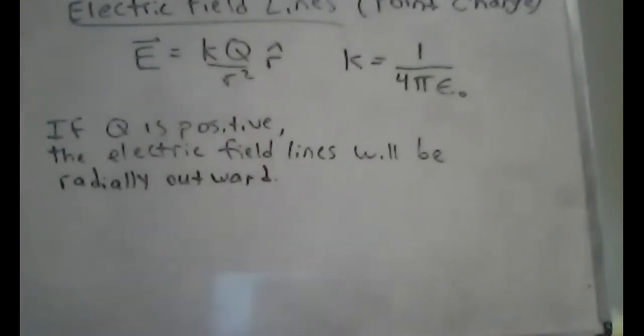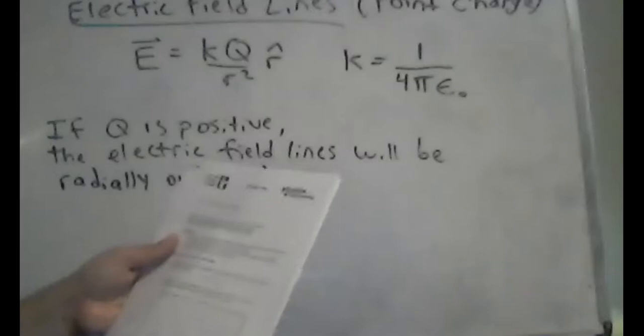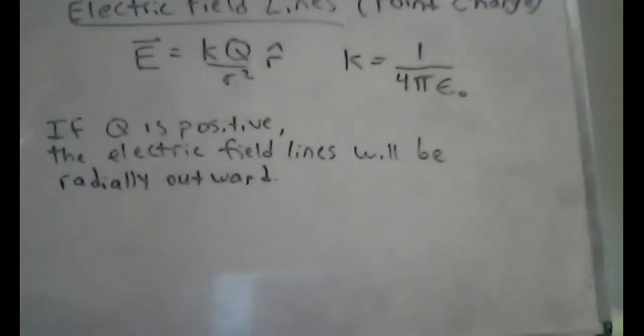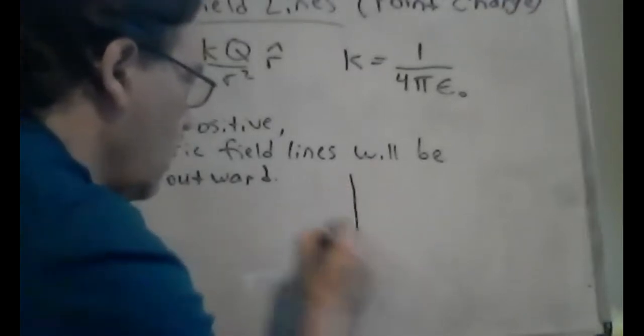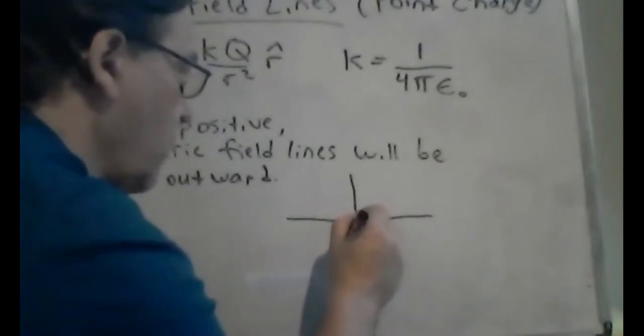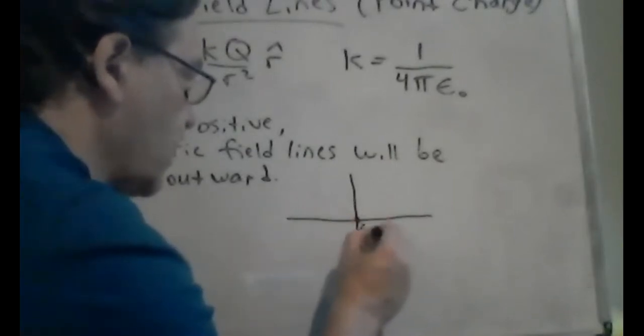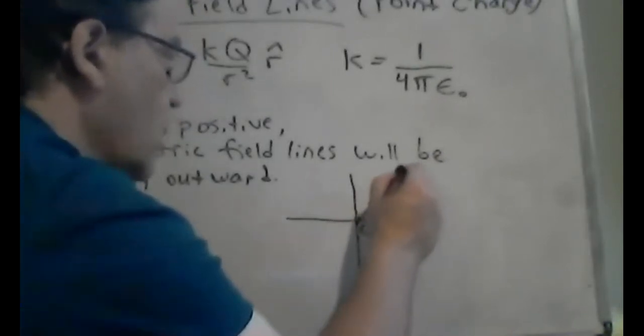Okay, so this is the rationale here. I see this on the bottom of page 1. I see a grid, and I want to draw out what things look like. I have an axis, another axis. If I imagine Q being positive, the electric field is going to be radially outward.